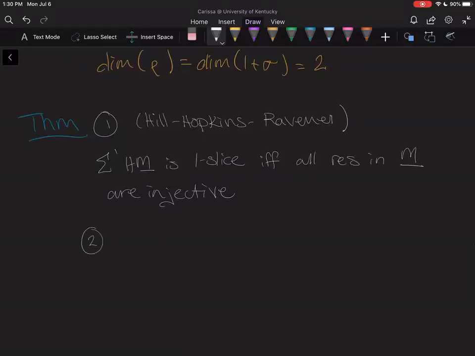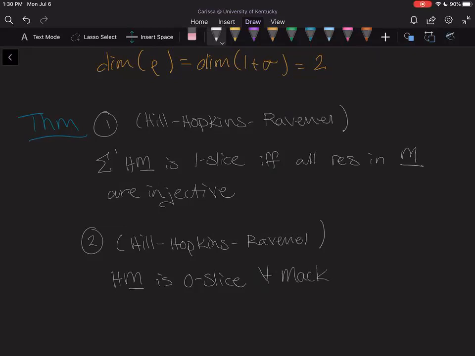The second thing we know, also due to Hill, Hopkins, and Ravenel, is that if we have an Eilenberg-MacLane spectrum HM, it's a zero slice for every single Mackey functor M. So pick whatever Mackey functor you want, take the Eilenberg-MacLane spectrum of it, it is a zero slice.